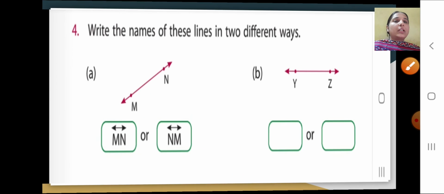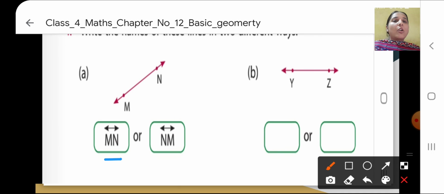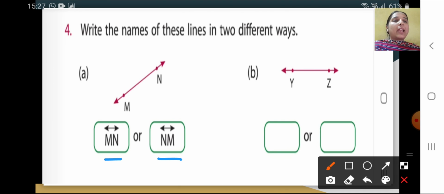Now let's move to question number 4. Question number 4 is: write the names of these lines in 2 different ways. Number A has been given in the textbook. So it can be named as line MN or line NM.